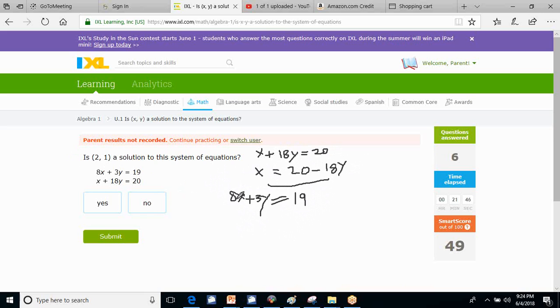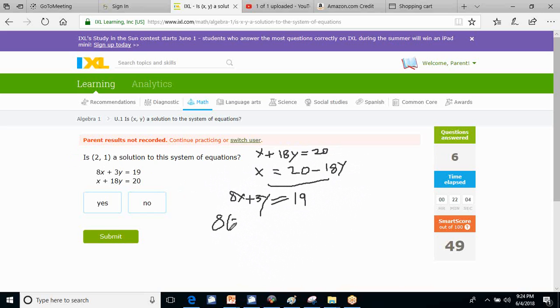All right, so we know what x is. x is 20 minus 18y. So 8, so you have to put a bracket now because x is 20 minus 18y.